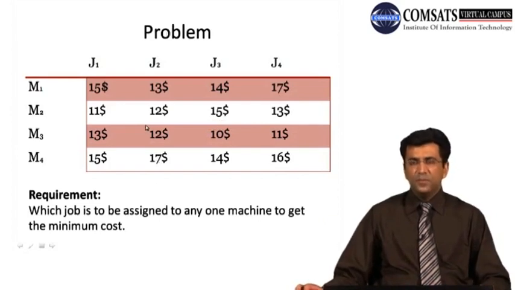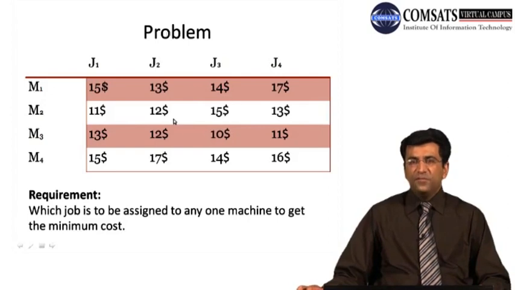Students, this is a problem where we have four machines, that is M1, M2, M3, M4. There are 4 jobs, that is J1, J2, J3 and J4, and the per unit cost is given in this form of table. That is, we'll have to bear $15 if we want to assign job J1 to machine M1, $13 if we want to assign J2, that is job 2, to machine M1.